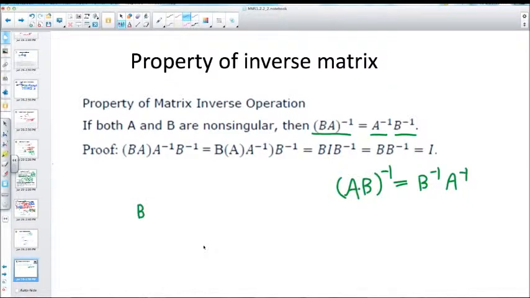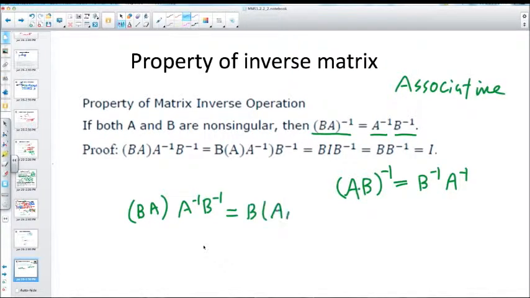If I want to multiply BA by its inverse, you're going to have to multiply A inverse B inverse. We know matrix multiplication is not commutative, but it's associative. That means you can group them differently.